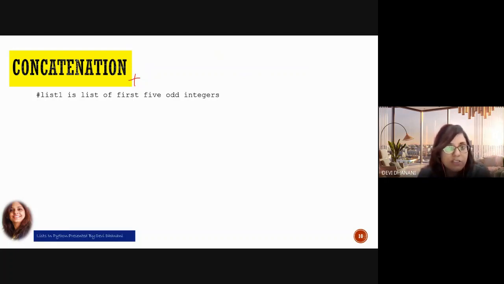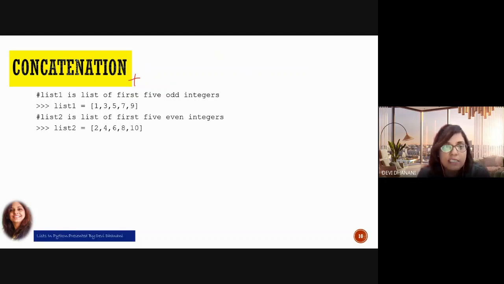List 1 is a list of 5 odd integers, 1, 3, 5, 7, 9. List 2 is a list of the first 5 even integers. Now if we wish to join these 2 lists, list 1 and list 2, let's see how the list will be joined: the elements of list 1 followed by list 2. What would be the syntax for this?